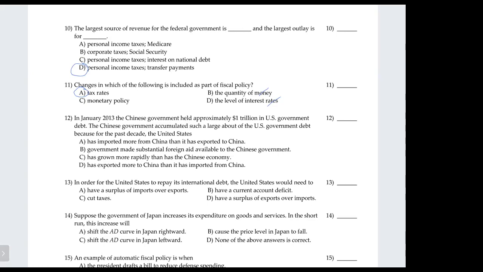So what is trade surplus? Let's say US versus China. Trade surplus means for China, okay, China exports more than they import.